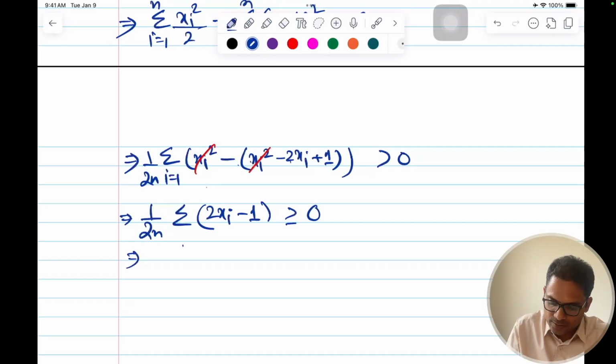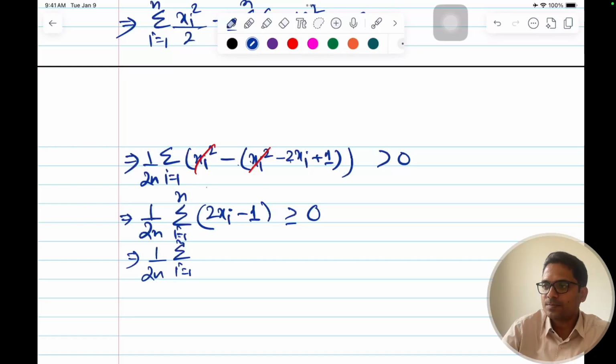So let's do the maths. Sigma i equal to 1 to n, this is for all i equal to 1 to n, 1 by 2n times 2xi.